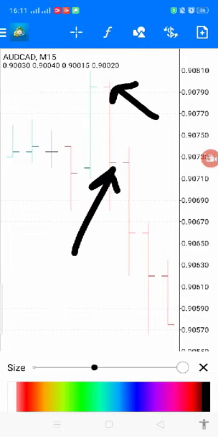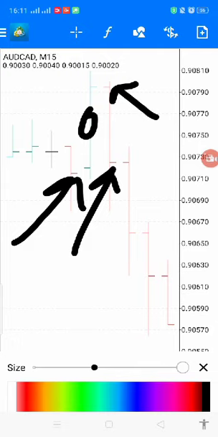That's close below. While buy candles, they open from down. The green, I'm talking about this green right now, opens from the below part and then closes above the open price. That's how they open and close.